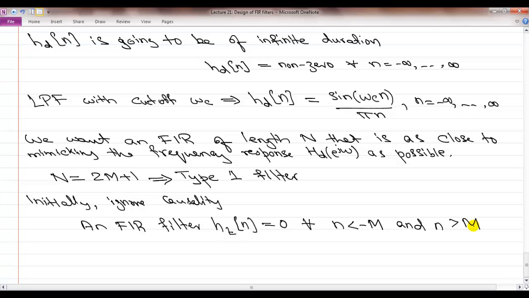I can always make a non-causal filter causal by shifting it enough to the right. This is a filter which goes from minus M to M. If I shift this filter by M, I will make it causal. So right now I'm not going to focus on causality. So I am given h_d[n], which is not FIR.